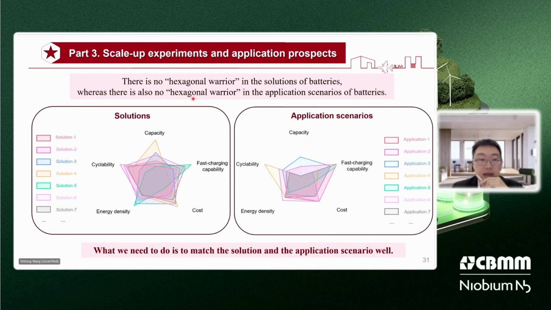And there is no hexagonal variant in the solutions of the batteries, and also there is no hexagonal variant in the application scenarios of the batteries. What we need to do is to match the solution and the application scenario well.